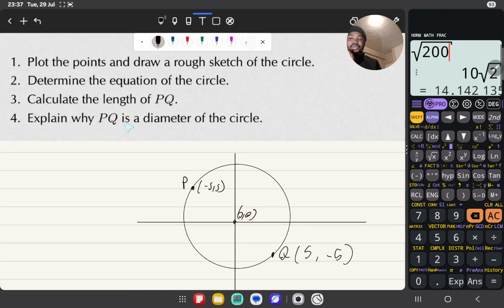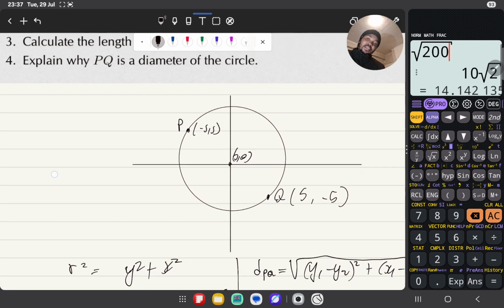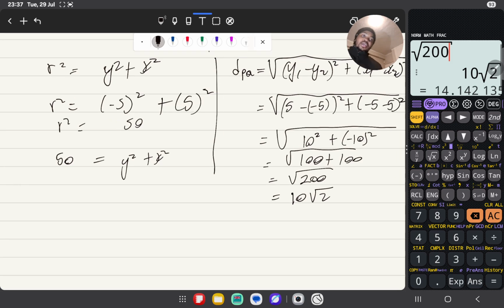Right, let's hear. Explain why PQ is the diameter of the circle. So now we are hearing the familiar word diameter. Remember, a diameter is a line from one point on the circumference to another point on the circumference, passing through the origin, a straight line.